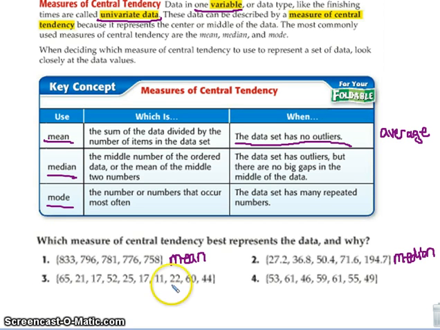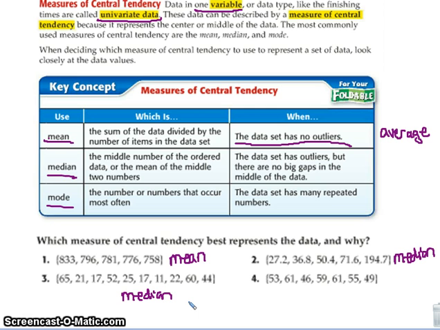If these were your grades, would you want someone to give you a 17? No. We're not talking golf scores. Probably median. I'm going to go with median for number 3, because we've got a really far range. You've got some that are really low and some that fall significantly higher. So a median is going to be your best measure of central tendency.